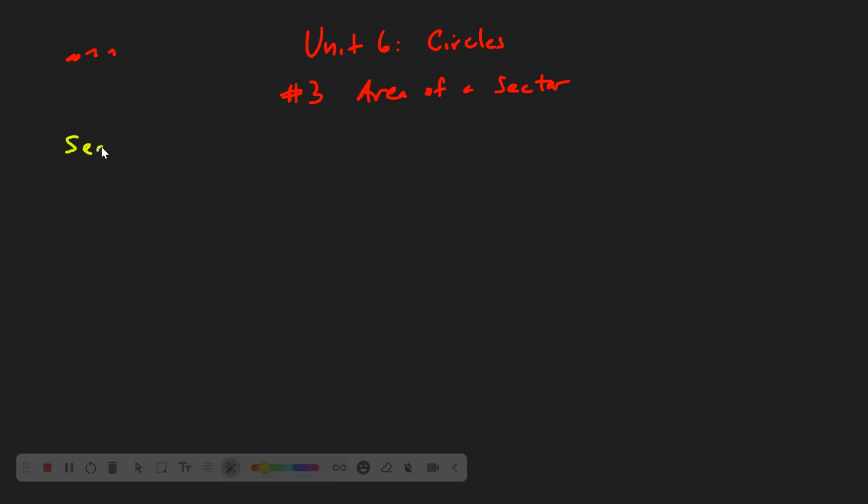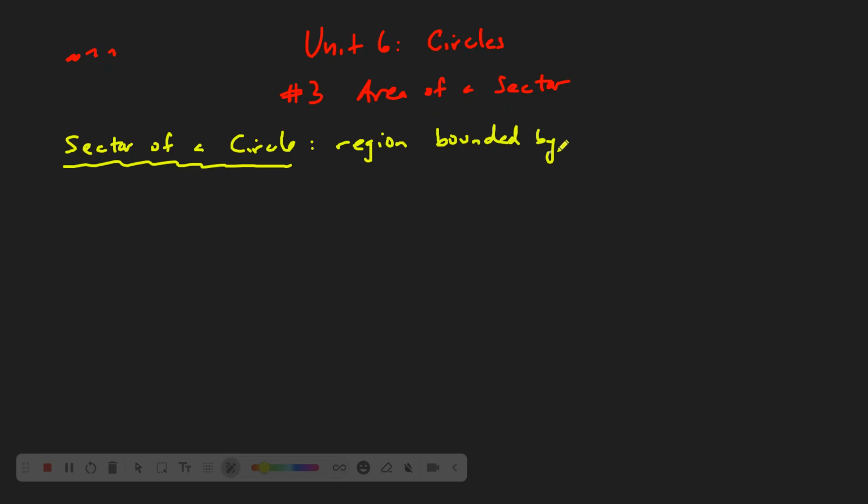So, sector of a circle. A sector of a circle is a region bounded by two radii and the intercepted arc.